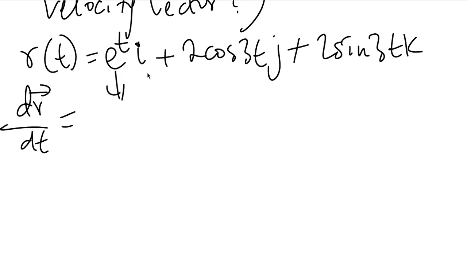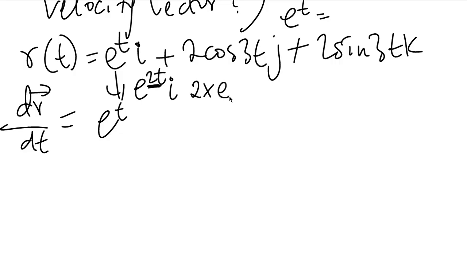So if we differentiate an exponential, that's e to the t, it is going to still be what? E to the t. But take note, if the question said e to the 2t i, you first of all have to differentiate the 2t, because this is like a function of a function, chain rule, right? So let 2t be equal to u.